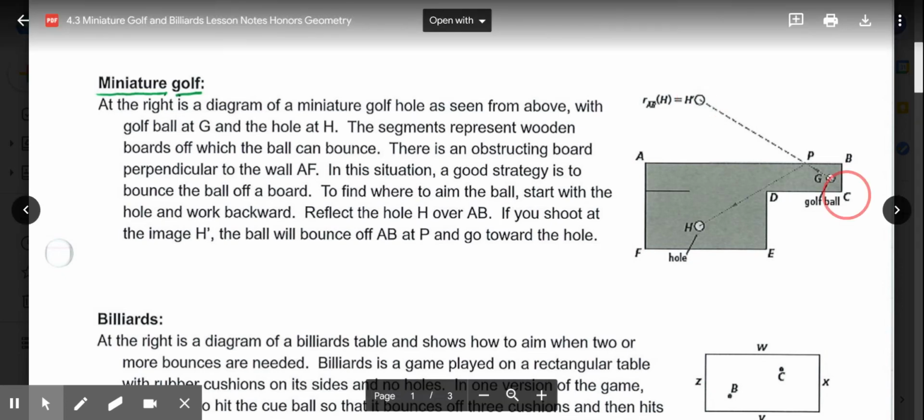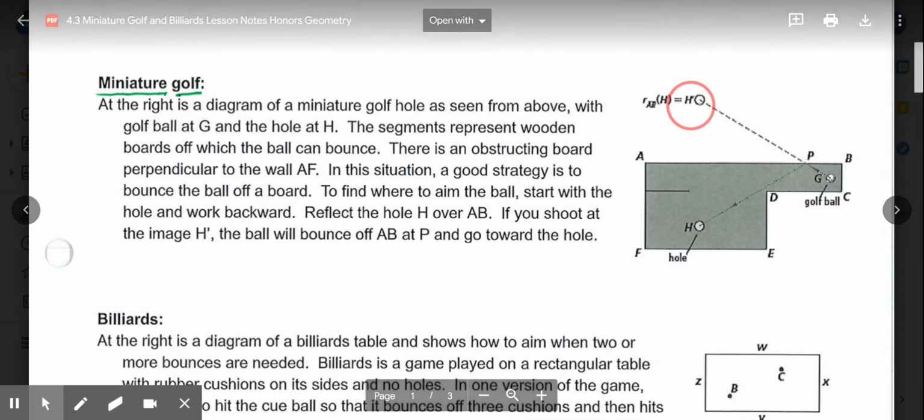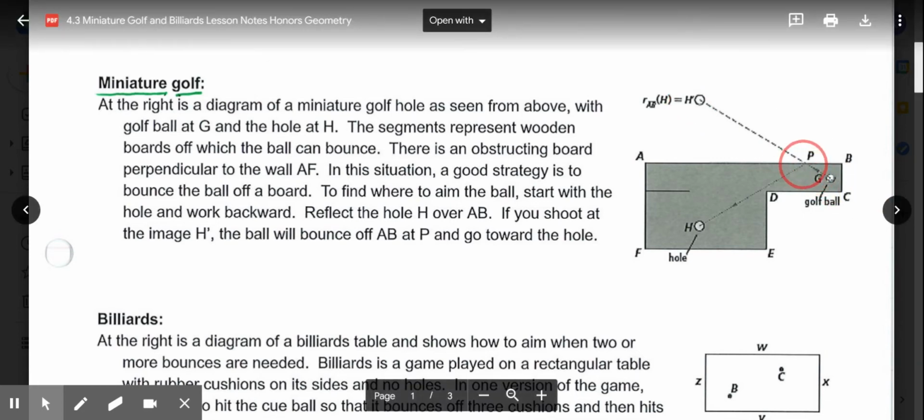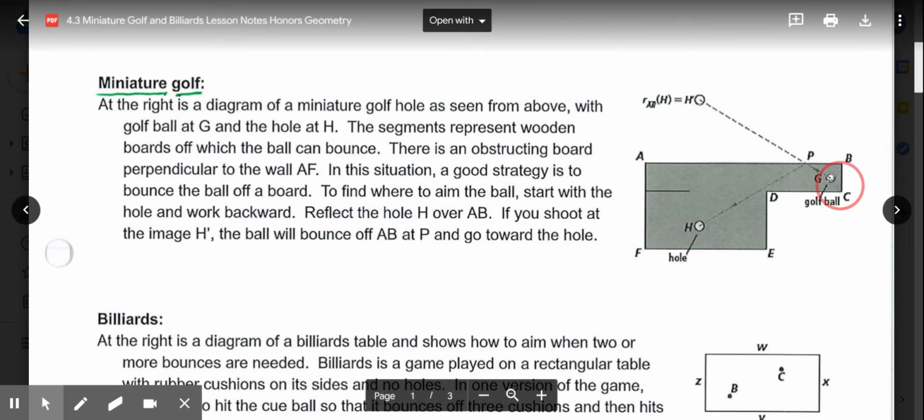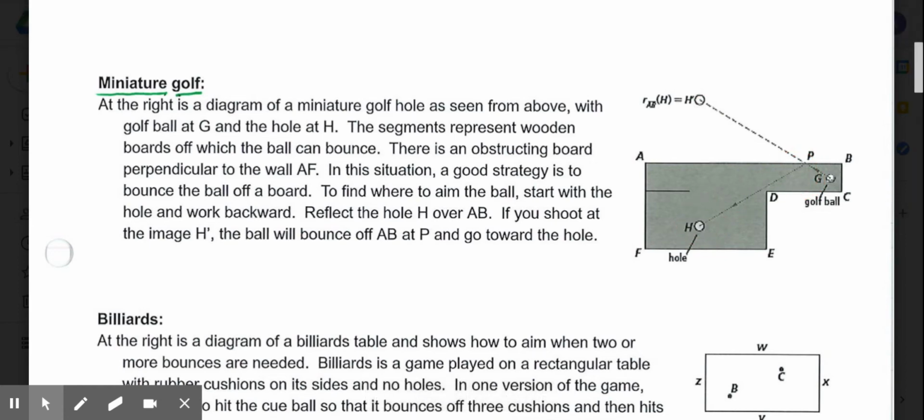Then we would aim the ball at H prime, and where it bounces off of AB, it would be point P or whatever we label it, and the angle that it bounces off at would equal the angle that it hits the wall at, so angle of incidence equals reflection, and it would send that golf ball right to the hole. So by aiming at the reflection point, we guarantee the angle of incidence equals reflection, and without any friction or spin, that would be a guaranteed hole in one.